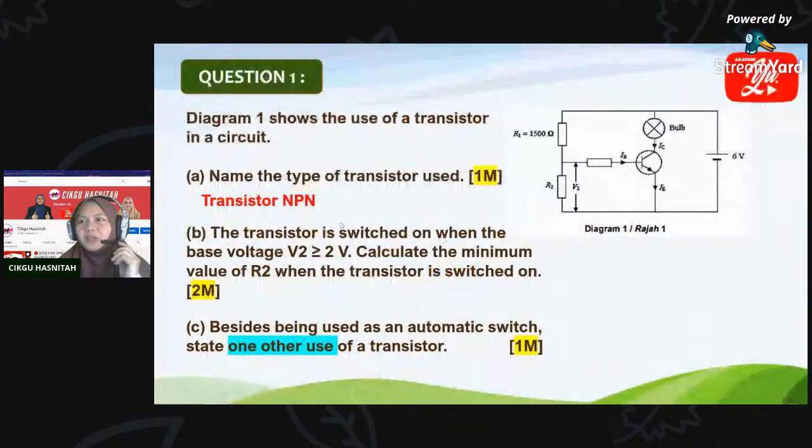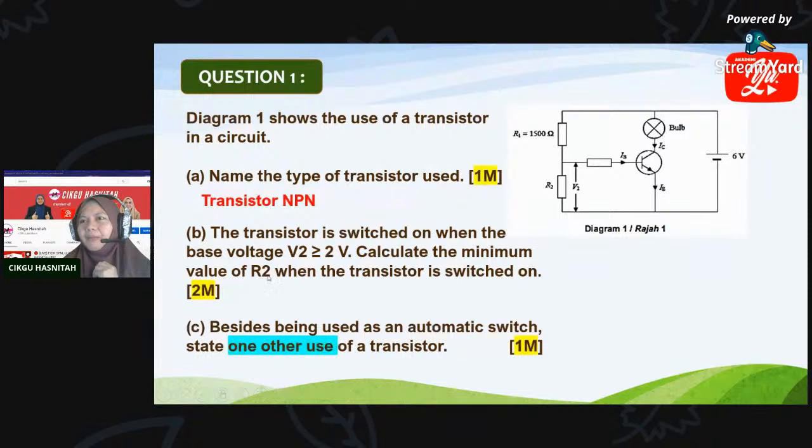The transistor is switched on when the base voltage V2 is greater than or equal to 2 volt.